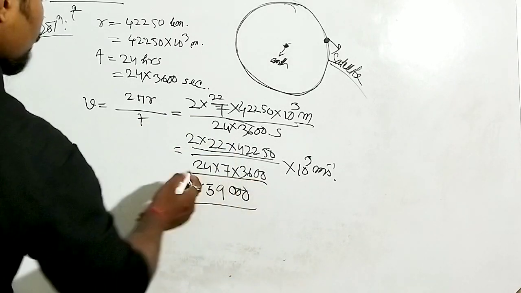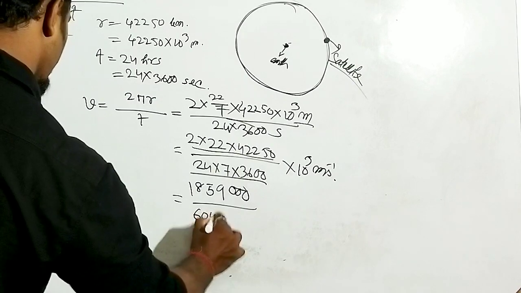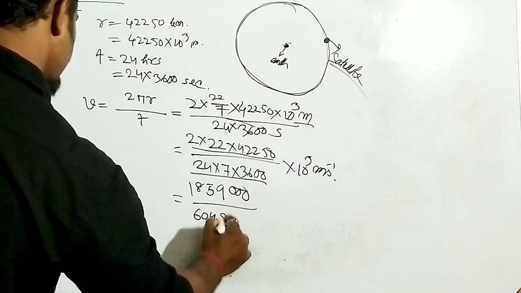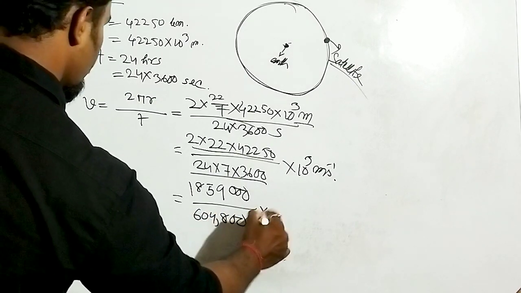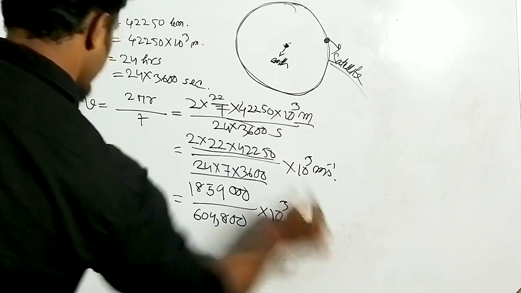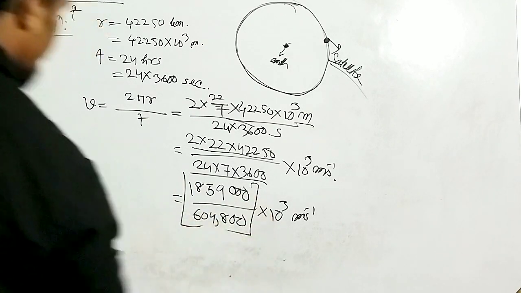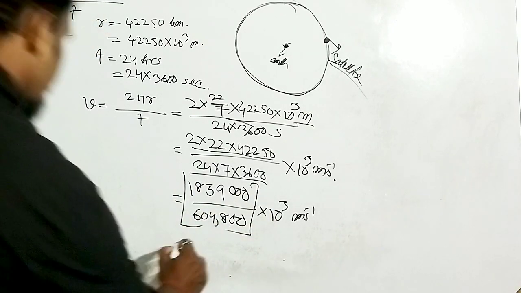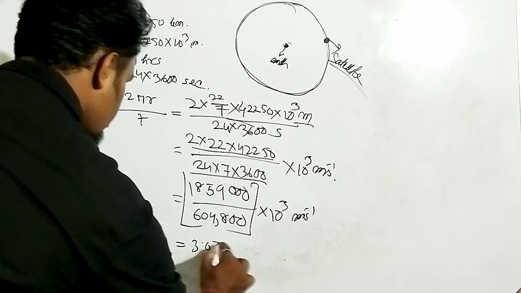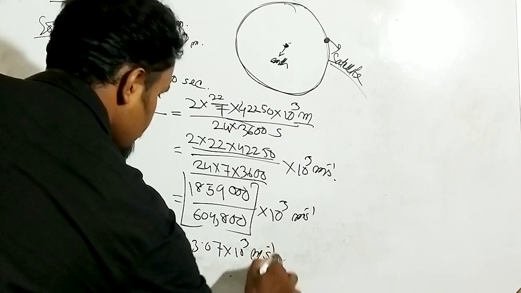If you solve this one, it will be almost 604800 into 10 to the power 3 meter per second. Again, if I solve this, it will be almost 3.07 into 10 to the power 3 meter per second.